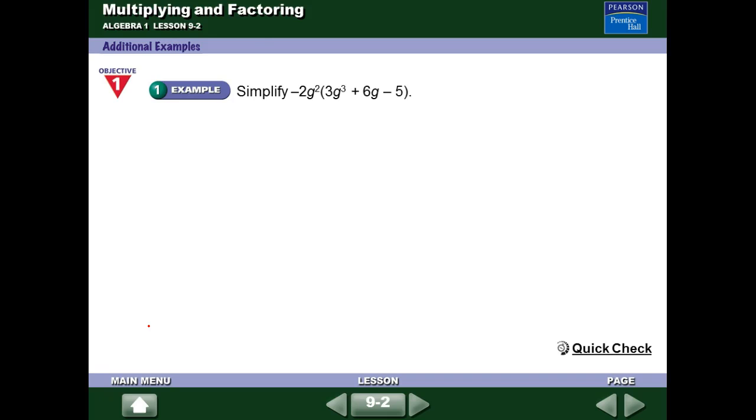The first thing we need to do when you start simplifying here is understand our different terms. We've talked about distributing, and now we are going to distribute here, but making sure we take it to every single term inside this parenthesis. As you can see here, we have our -2 times g squared that I am distributing to everything in the entire parenthesis.